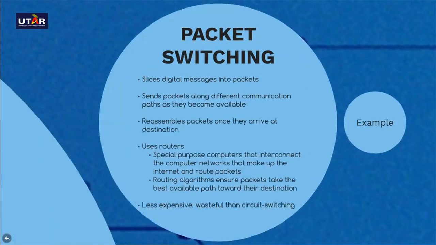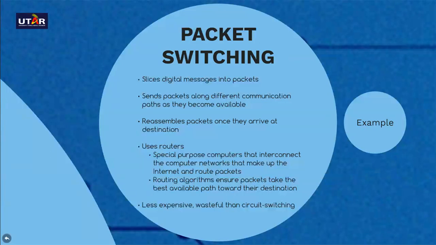Packet switching slices digital messages into packets and sends the packets along different communication paths as they become available. When they reach the destination, they are reassembled, and of course they have to pass through certain routes. For example, they use routers, special purpose computers that interconnect the computer networks that make up the internet and route packets.